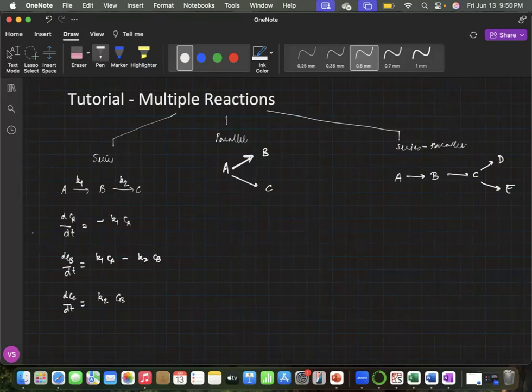Now, these are of course coupled ODEs once again, but we could also solve these problems using what is called a stoichiometric matrix, because over here we just have a set of three reactions, but we could have multiple reactions taking place in series or parallel and so on and so forth.